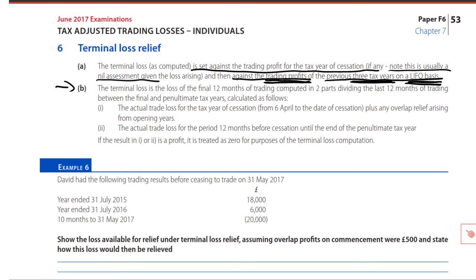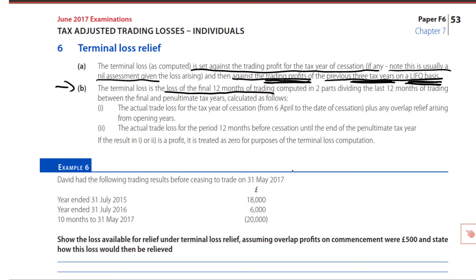The terminal loss is the loss of the final 12 months of trading, and that final 12 months of trading is likely, of course, to span both the final tax year and a part of the penultimate tax year. It is very unlikely that you've ceased trading on the 5th of April.